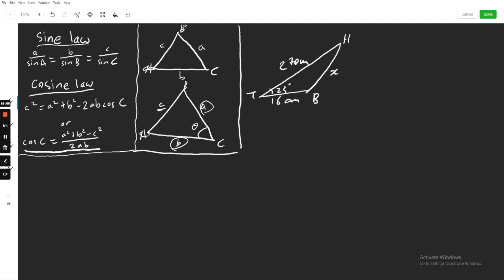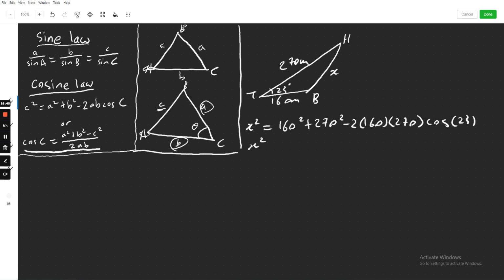Well, we have two known sides and one known angle measure in between. So we can use the cosine law. Essentially, x squared is equal to 160 squared plus 270 squared minus 2 times 160 times 270 times cosine 23 degrees.